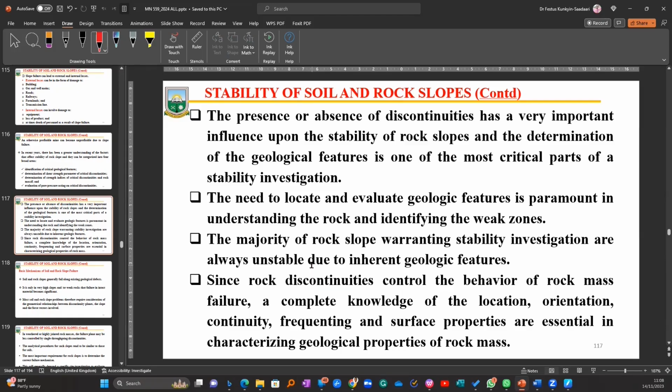So the need to locate and evaluate these geological features is really necessary. And then the majority of these rock slopes that are warranting stability investigations are always unstable due to these geological features we just made mention of.